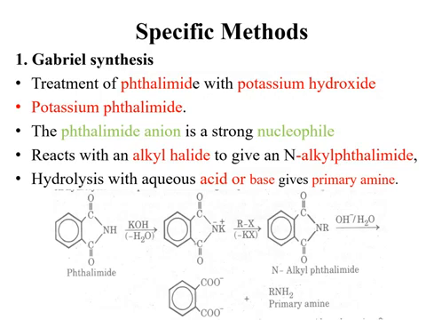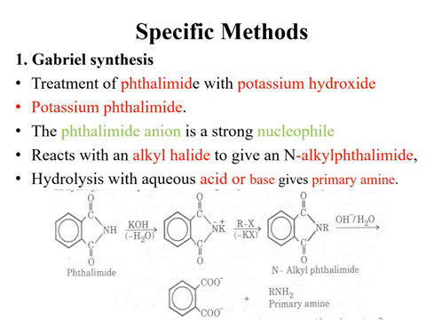The third step is hydrolysis. Hydrolysis is very simple, I think you might have studied it in your higher secondary school: the process in which the substrate is broken as well as water is also broken.